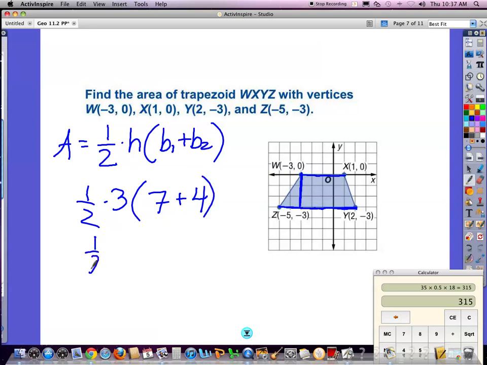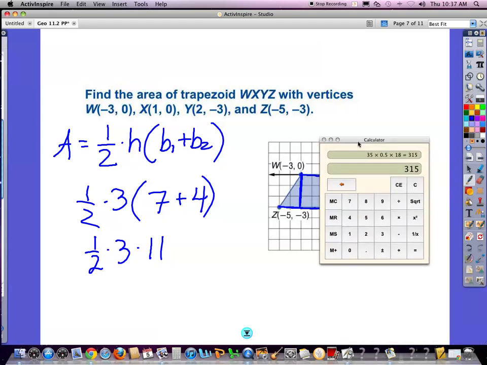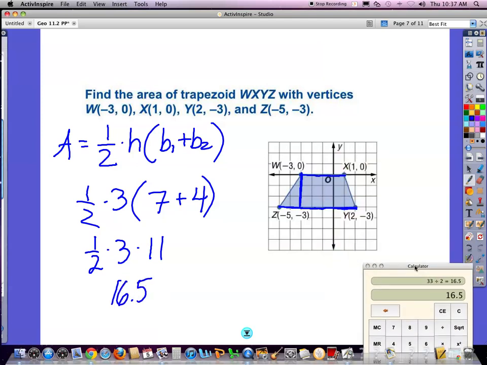So this is actually 1/2 times 3 times 11. 33 divided by 2 gives you 16.5. So the area of this particular trapezoid is 16.5 square units.